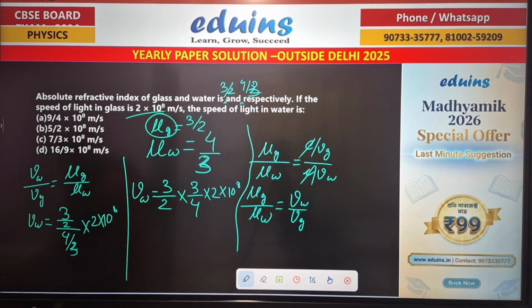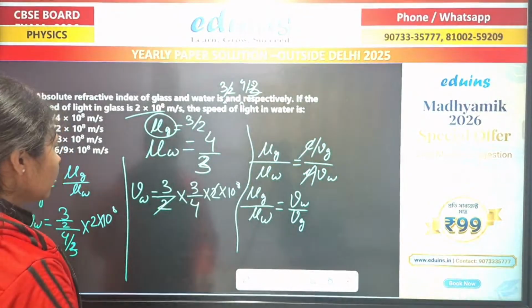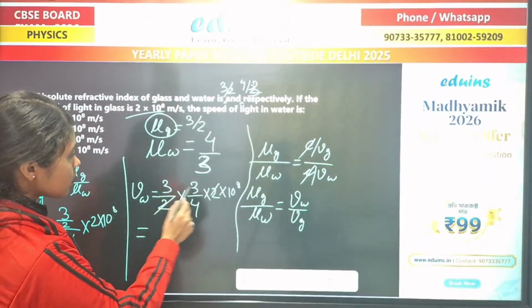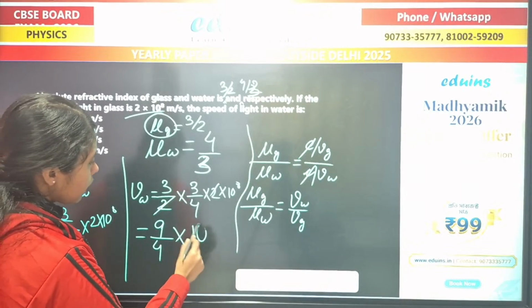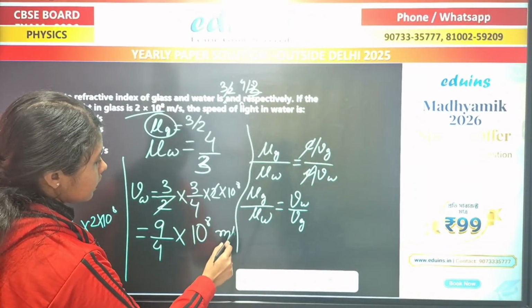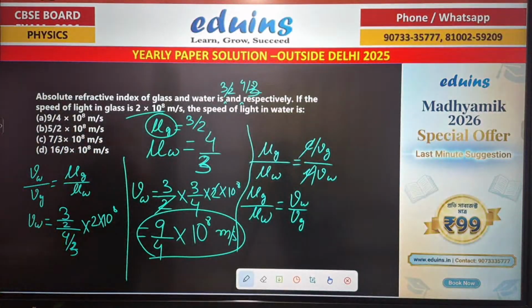Okay. So now we eliminate 2 and 2 and this will be the answer. 9 by 4 into 10 to the power 8 meter per second. So what will be the right answer? 9 by 4 into 10 to the power 8 meter per second. So we got the answer.